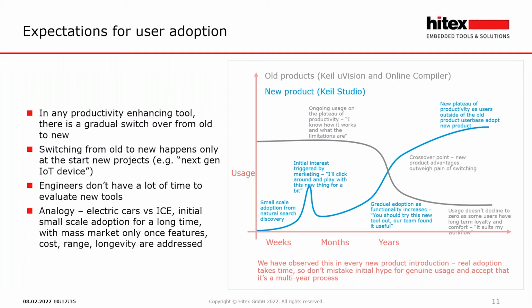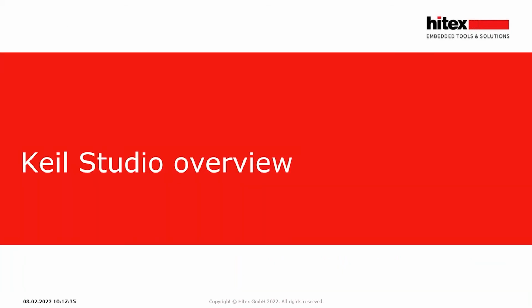But as I say, this is a way off, and at the moment the Keil Studio is a project that you just want to keep an eye on and experiment with. So when that crossover point comes, you've got some background experience of it.